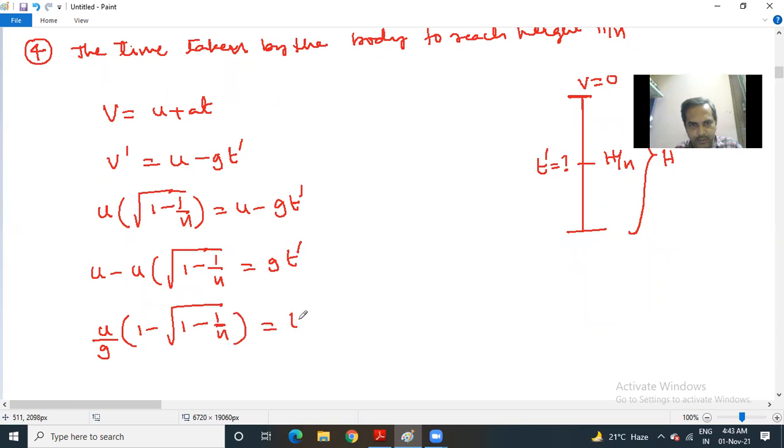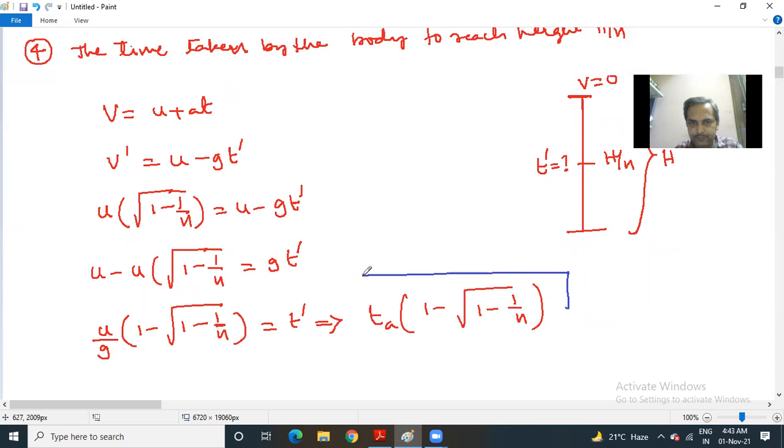Then you can say this u by g is the time of ascent, times 1 minus root over 1 minus 1 by n. So this is the desired equation. And there is another application, that is the last in this case.